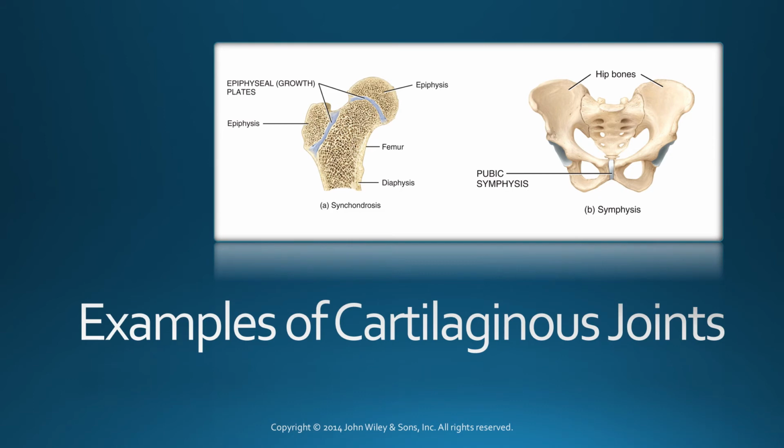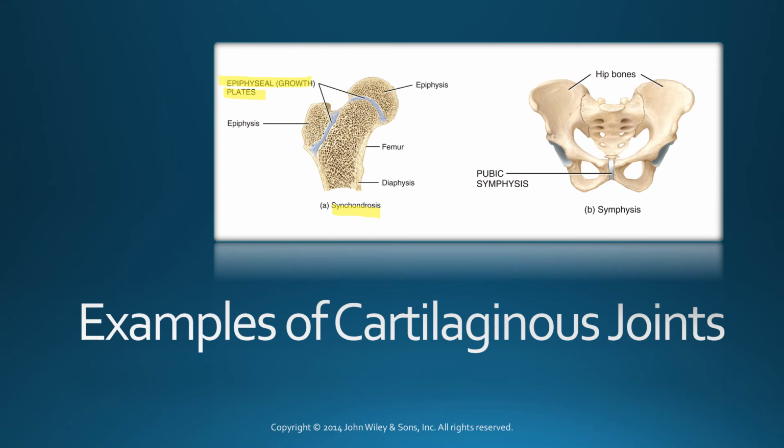A synchondrosis is a cartilaginous joint in which the connecting material is hyaline cartilage. An example of this type of joint is the epiphyseal plates that connect the epiphysis and the diaphysis of a growing bone.